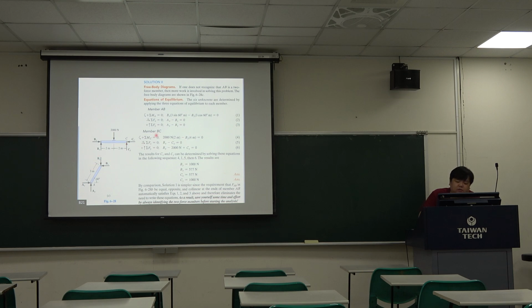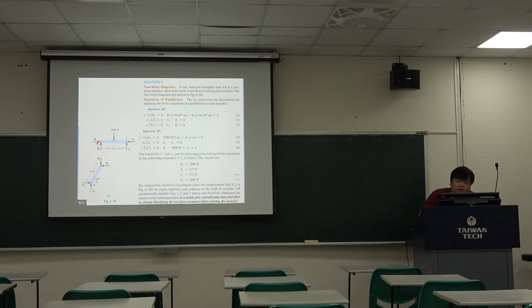So when we have this equation, we focus on the member BC. We do the summation MC equals 0, then we can get the Cy answer.